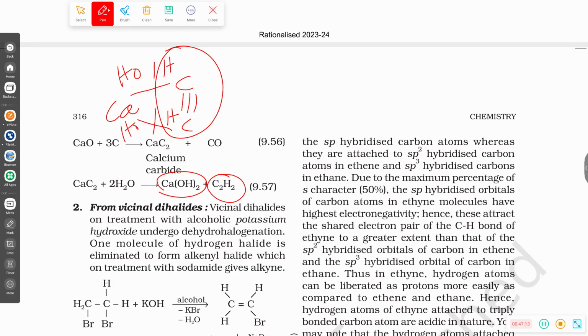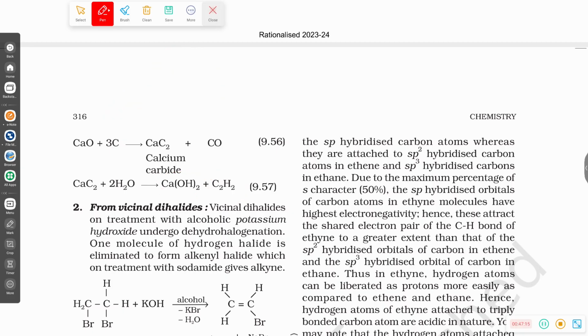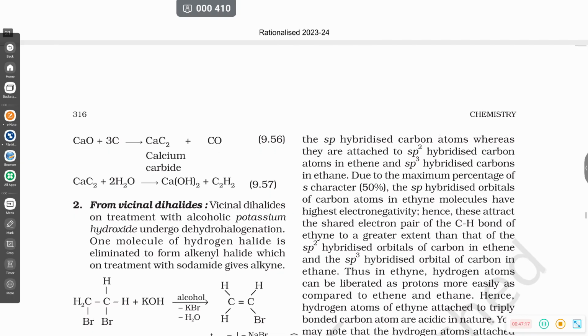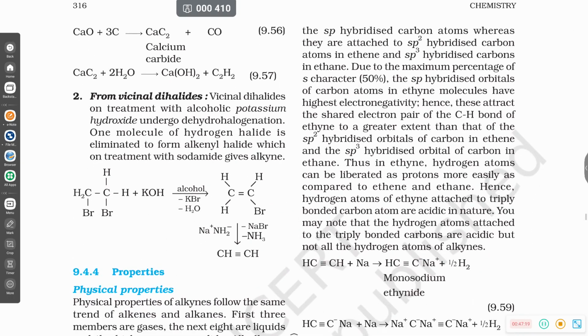Okay. Next, from vicinal dihalide. This is important. From vicinal dihalide, we can use two reagents. You see here.